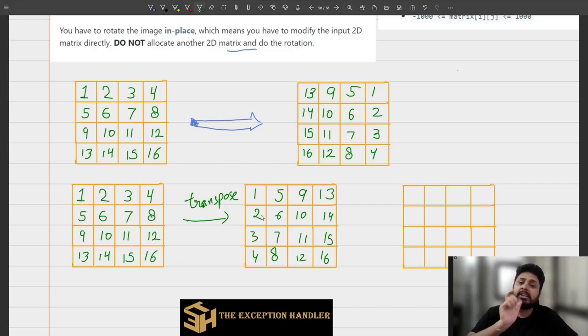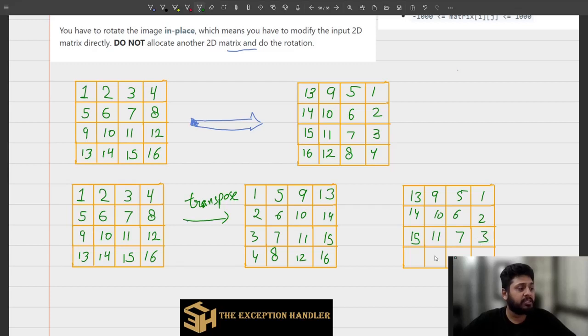Now I'm saying that in the second step, reverse each and every row in the transpose matrix. Now let's do that. So the first row becomes 13, 9, 5, 1, then 14, 10, 6, 2, then 15, 11, 7, 3, and 16, 12, 8 and 4.